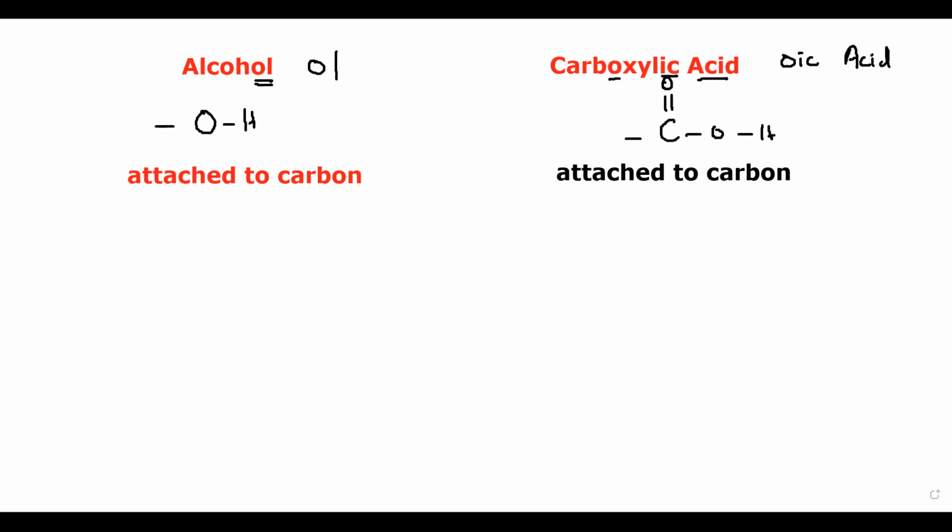So how do we name them? For example, we draw C, and then OH is attached. Then we have to complete the structure. On the remaining bonds will be hydrogen.